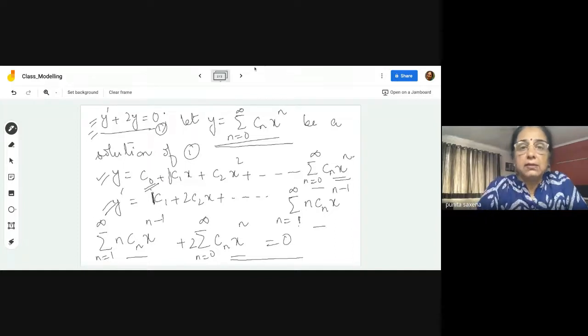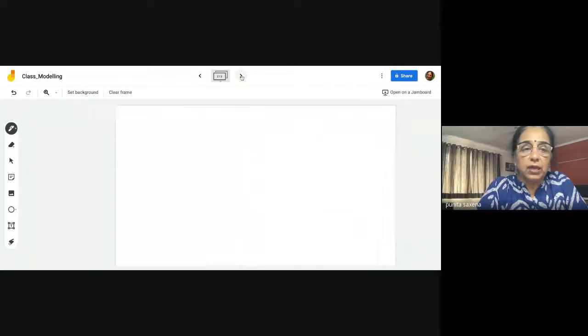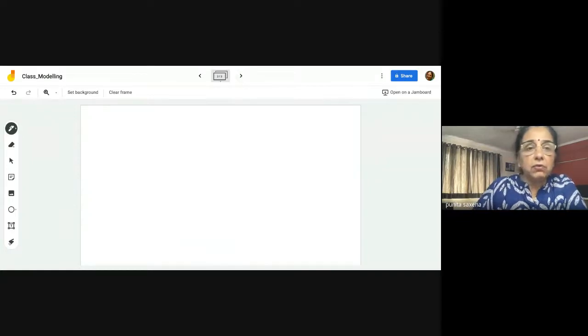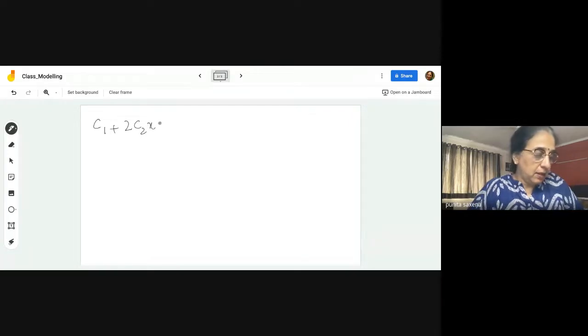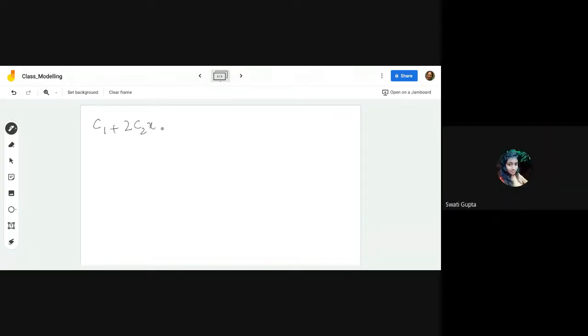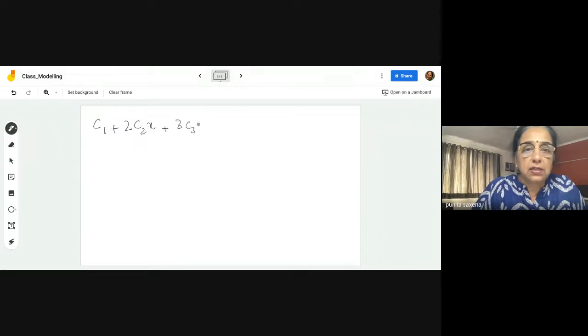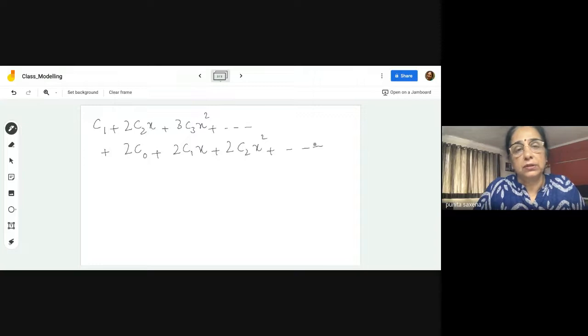Otherwise, the easiest way is, your y dash was what? c1 plus 2c2x plus 3c3x square, and so on and so forth, plus 2y. 2y would have meant 2c0 plus 2c1x plus 2c2x square, and so on and so forth.